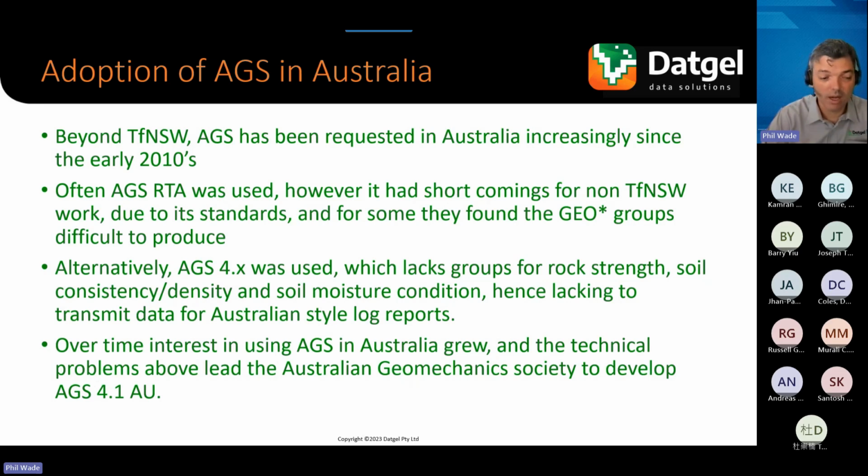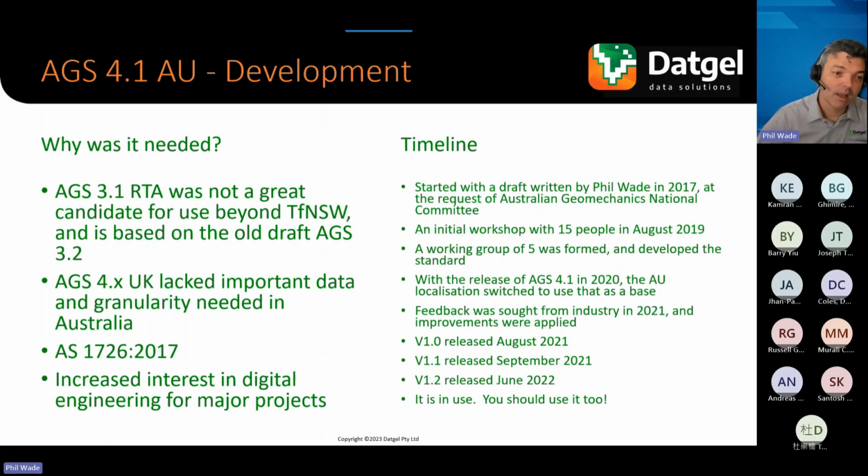So over time, there became a great interest in the Australian Geomechanics Society to create a standardized localization so that people could use it across the country, particularly because the new Australian standard for site investigations was released in 2017, and that was more prescriptive. A lot of the things are the same, but it was an impetus to do something, and we waited until that.